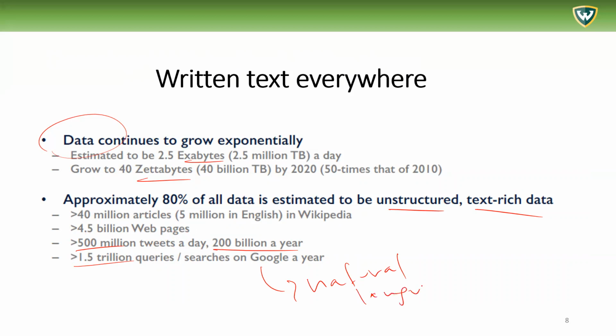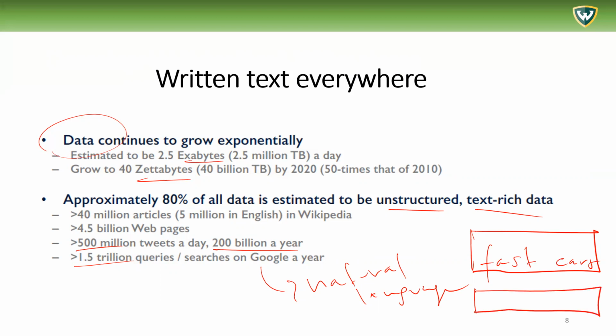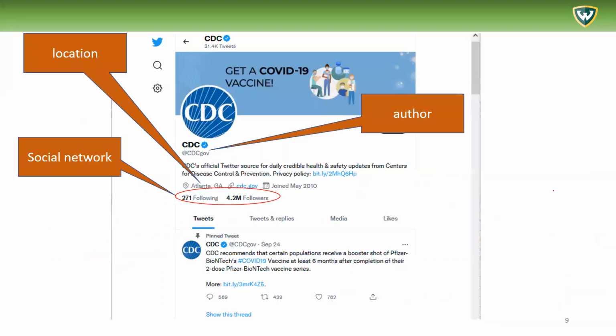So when you search on Google, depending on what you're searching, sometimes you put keywords, if you're looking for fast cars, you just put the words "fast cars," but sometimes you will add something more natural language like, "why is the earth round," or something like that, right? So that's what we mean by natural language.